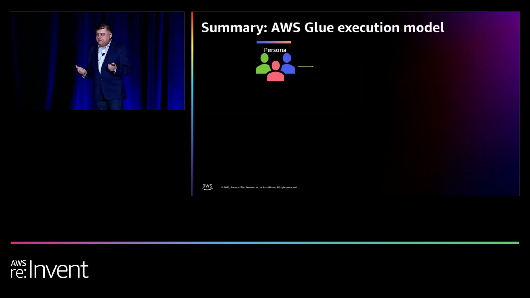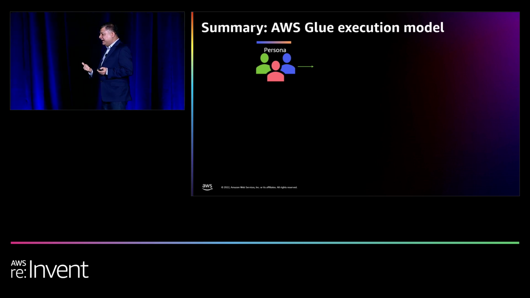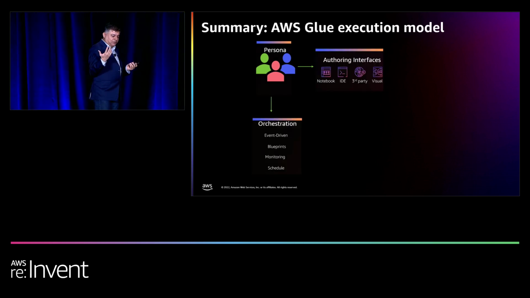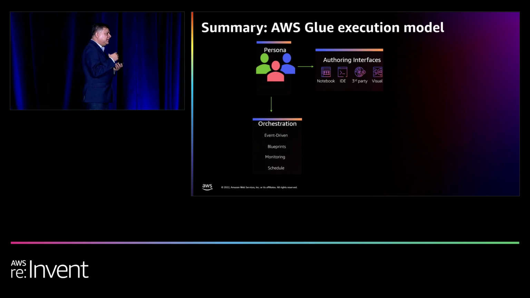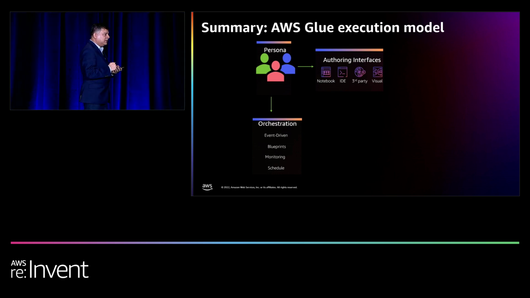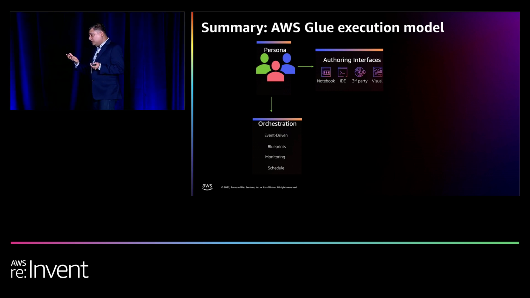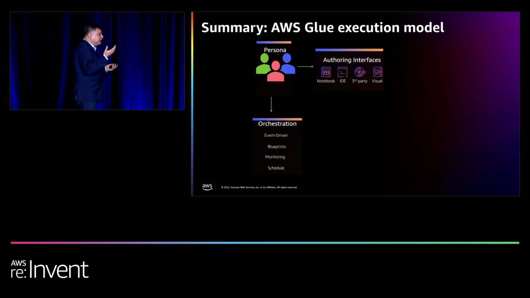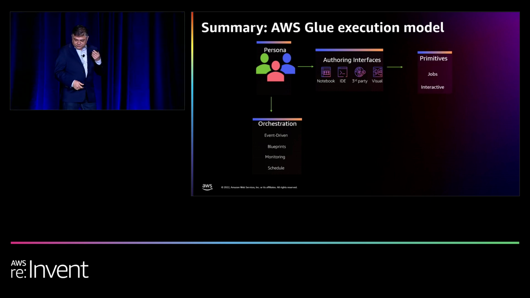OK, so summary. You have a wide variety of personas who want to use a variety of interfaces. You can use the built-in orchestration tool around scheduling. You can use blueprints to scale your workflows or scale your developers. You have built-in monitoring and scheduling tools.